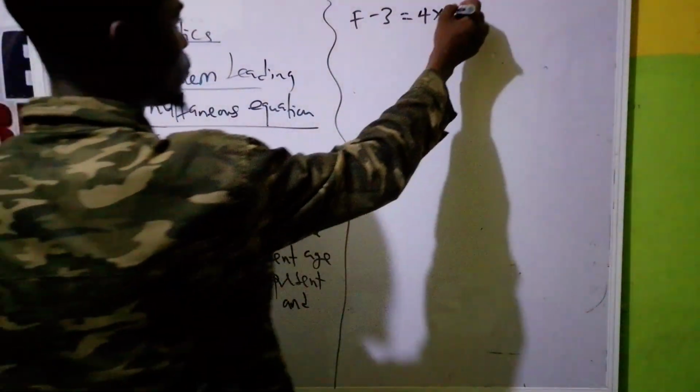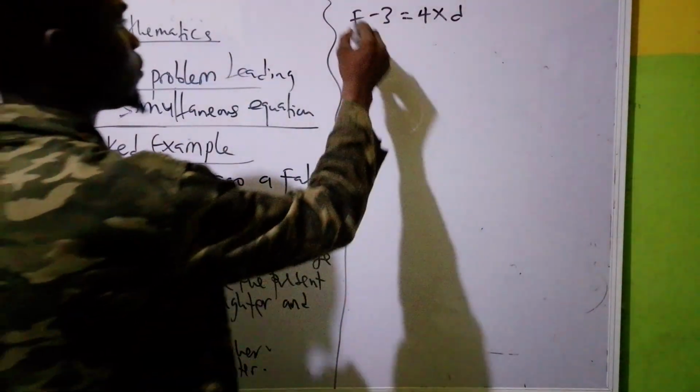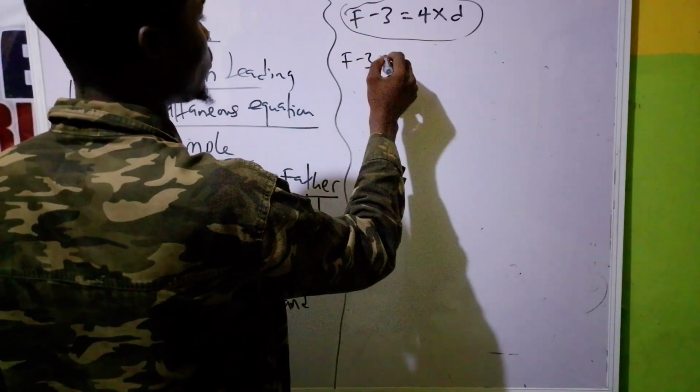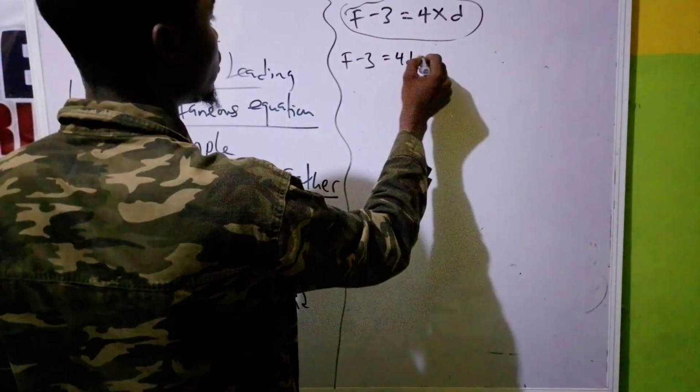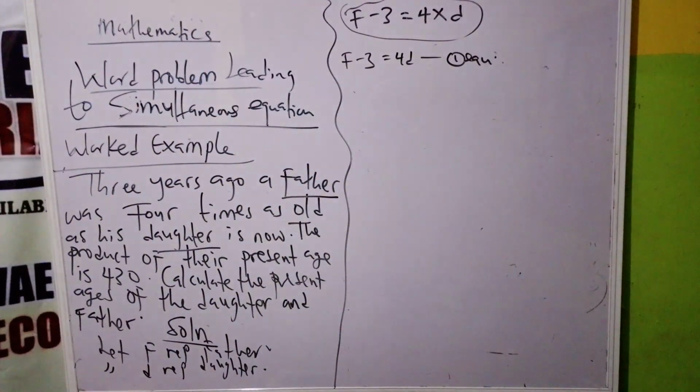We don't know the father's age or the daughter's age, but this is the interpretation. So we can write it like F minus 3 equals 4D. This can be our equation 1.